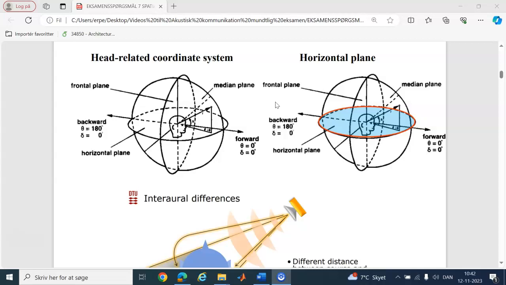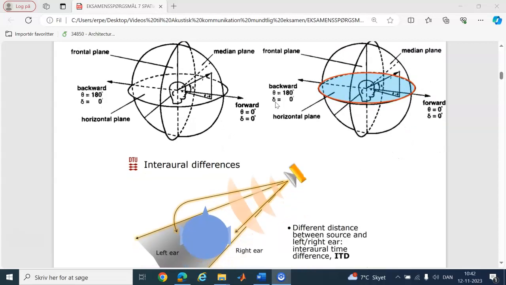Then we have some angles: azimuth, and up and down elevation. Forward means theta 0 degrees and delta 0 degrees. We have this azimuth angle and the elevation angle. I have forgotten the name.